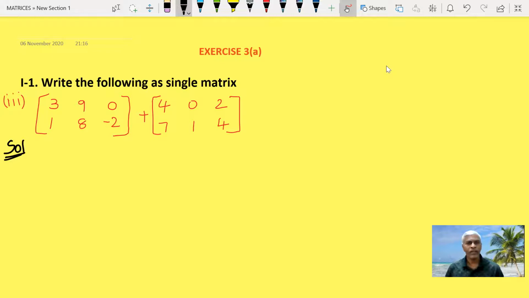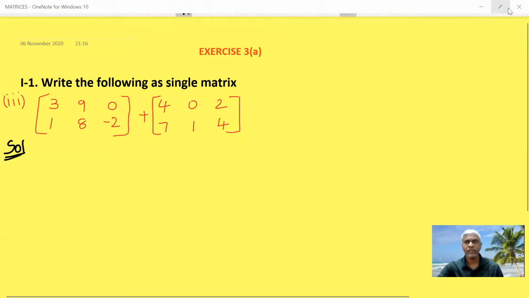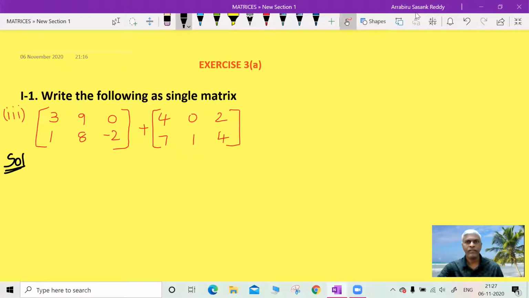Write the following as a simple matrix. It is nothing but addition of matrices. It is a simple addition of matrices.